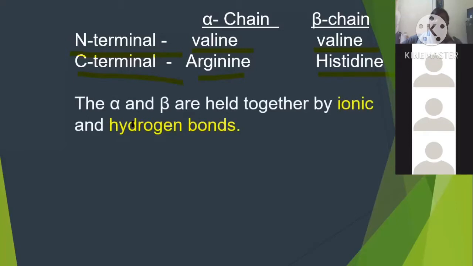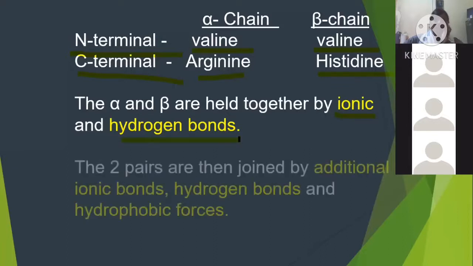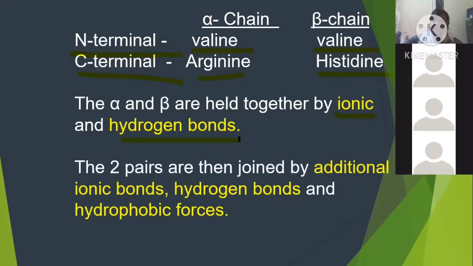The alpha and beta are held together by ionic and hydrogen bonds. That is what I was telling. The unlike subunits or polypeptide chains have an extensive bond between them at the linkage. And which is that linkage? It is both ionic and hydrogen bonds. Ionic interaction or the electrostatic interaction.